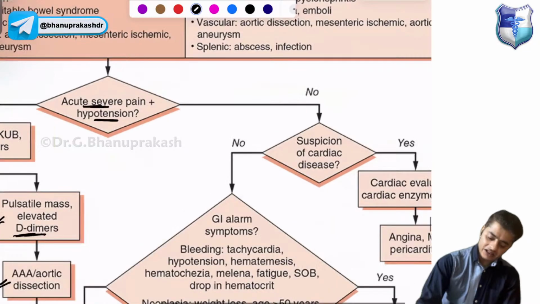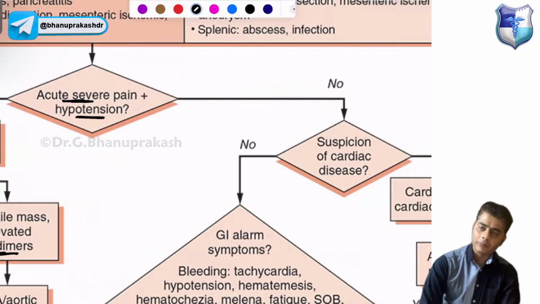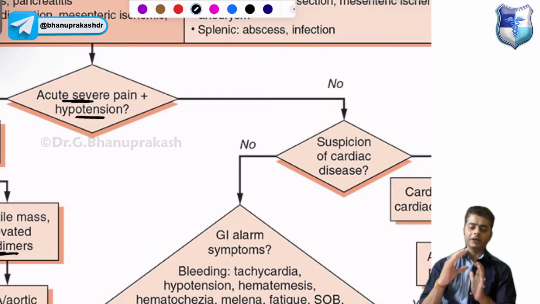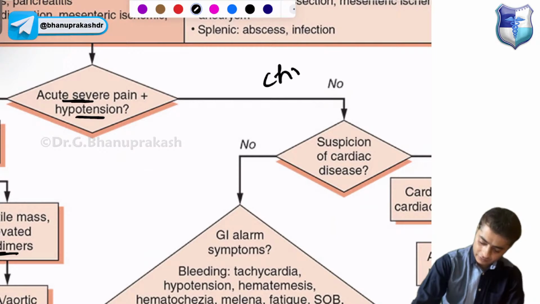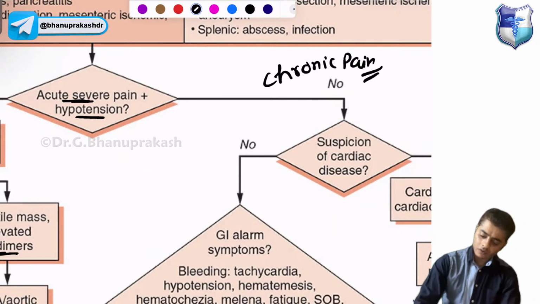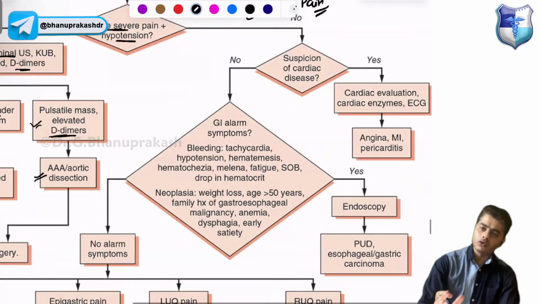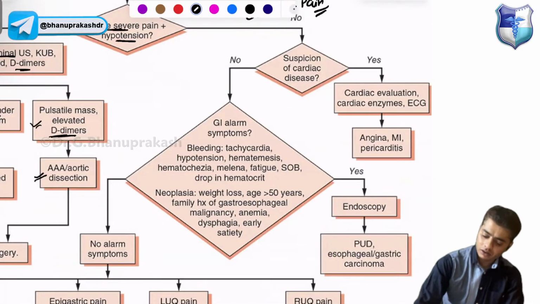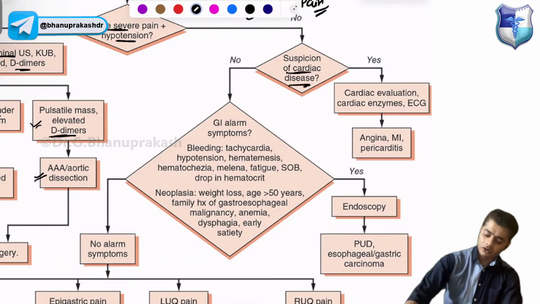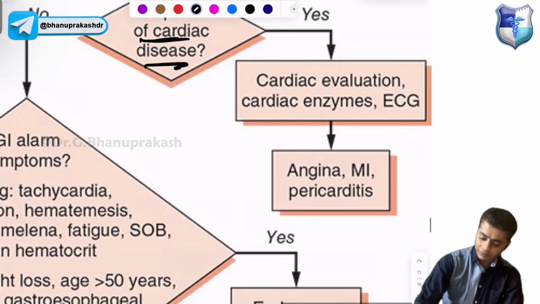If the pain is not acute and no signs of hypotension are present, then we generally think that the pain is chronic. First we have to rule out the cardiac cause, so we should send biomarkers and ECG.